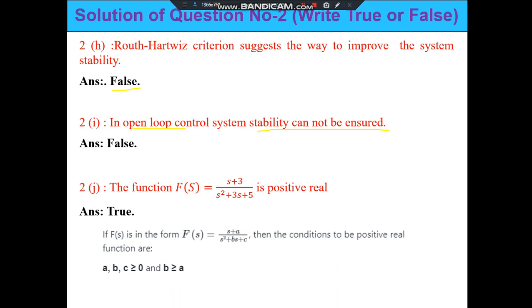Here a equals 3, b equals 3 and c equals 5, so both conditions are satisfied. So this is positive real, and that's why it is true.